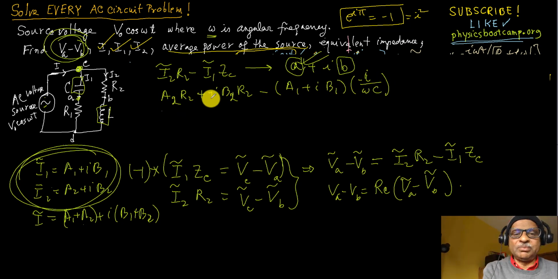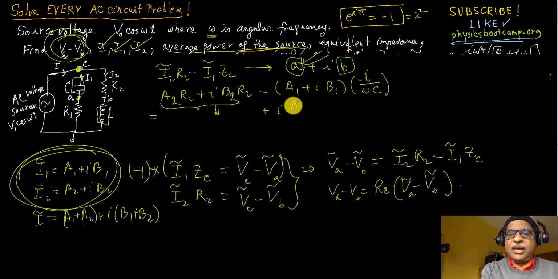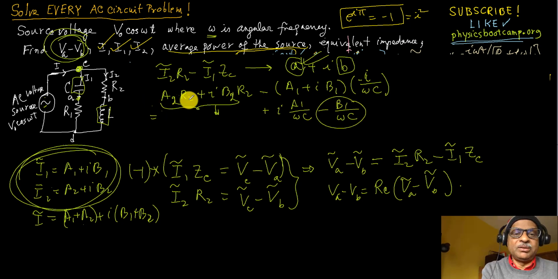So this remains the same, and this one is actually minus minus, plus i A1 over omega C, and this minus this becomes plus, and this i with this i becomes i squared, and this becomes a minus B1 over omega C.